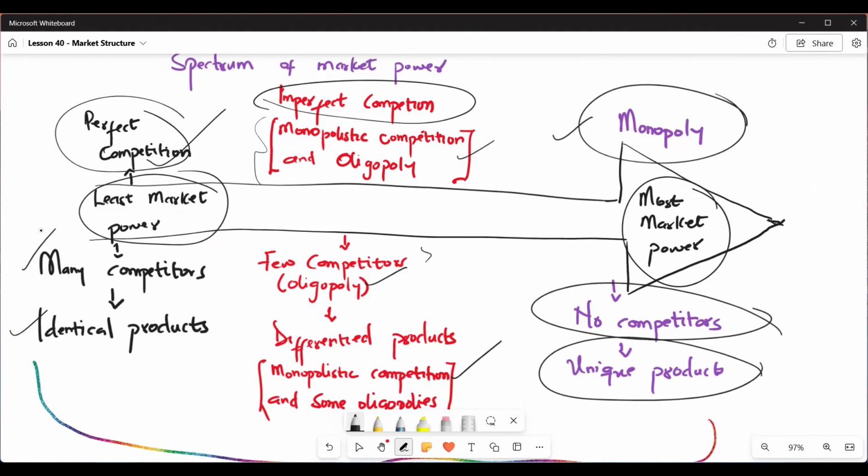So this gives them a lot of market power. They can charge really high prices above the competitive level, and people still will have to buy it because they do not have an option. There's no substitute. There are no other competitors selling the same product. So you still have to buy from that monopolist because they are the only one in the market.